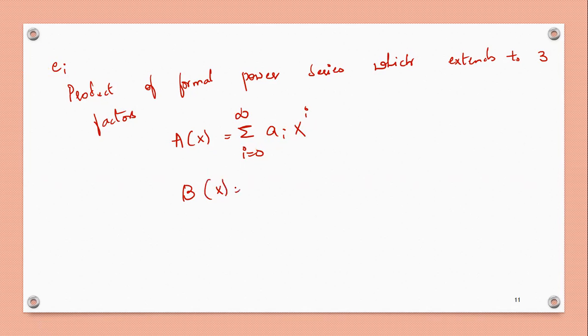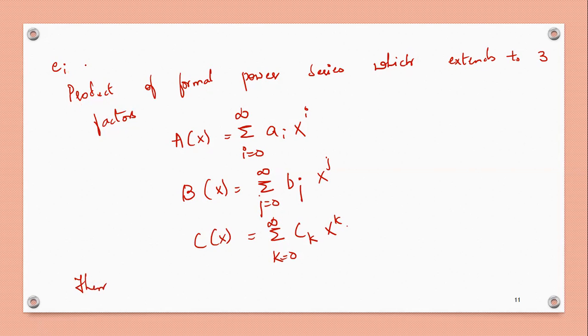Now we have b of x. For that, I'll take another variable over here. The sum from j equal to 0 to infinity of bj x power j, and c of x can be written as the sum from k equal to 0 to infinity of ck x power k.